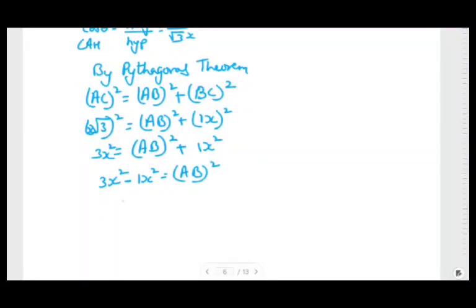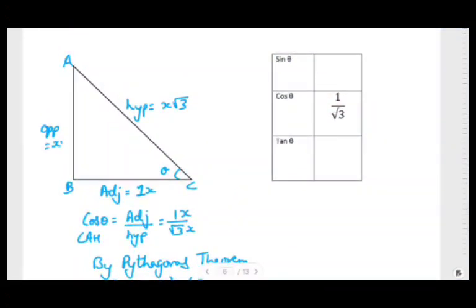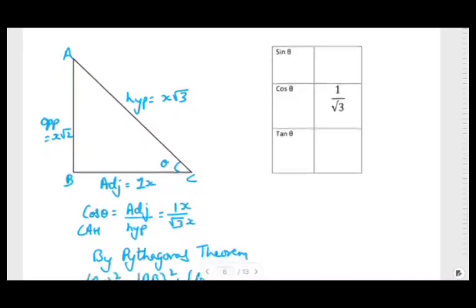So what happens now? 2x square is equal to AB square. AB value, I'm going to square root, so it's going to become x root 2, correct?